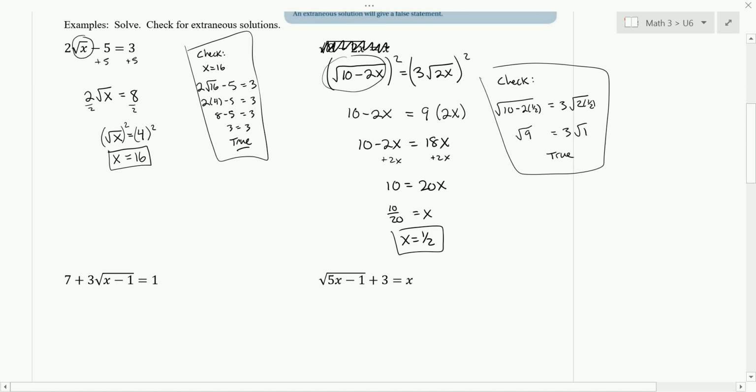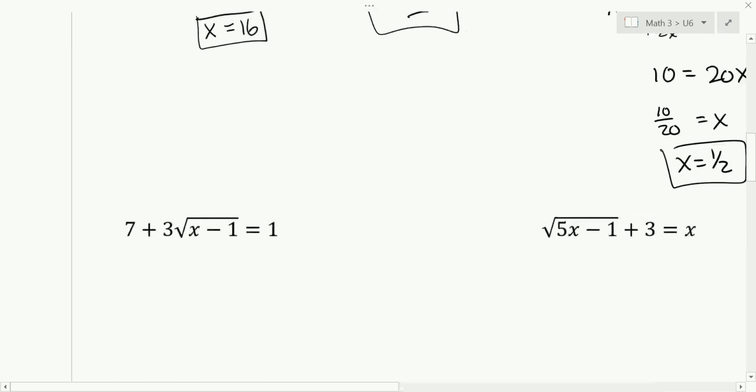Okay. So try this one here. Try 7 plus 3 times the square root of x minus 1 equals 1 by following those 3 steps. Okay, so step 1, isolate the square root, by subtracting 7 first. You end up with 3 times the square root of x minus 1 is 1 minus 7, which is negative 6.